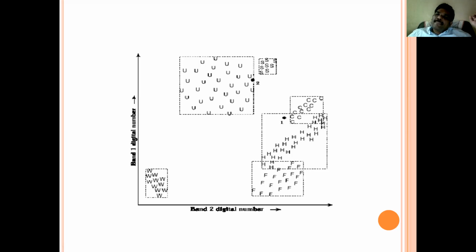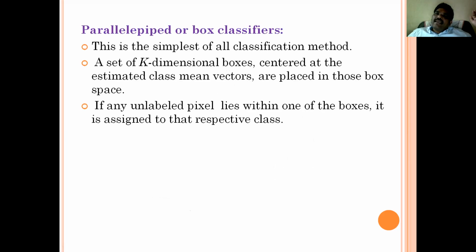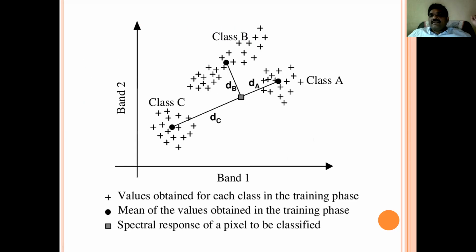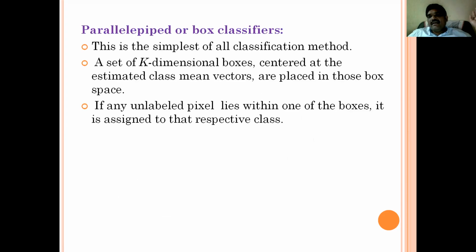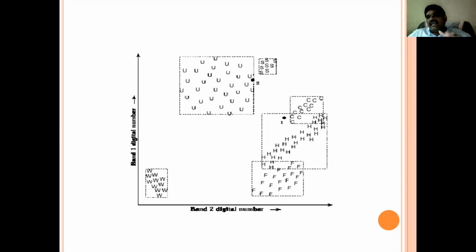Now, if I opt for the previous one, the pixel goes to the category of whichever has the shortest distance to that particular area. Now here it is a box, whichever box it comes under, that particular unidentified pixel goes to that particular class of the box.